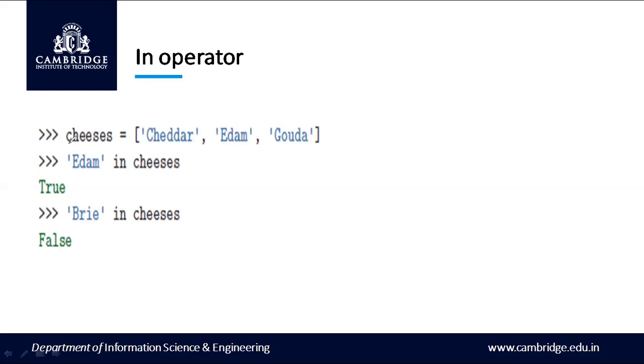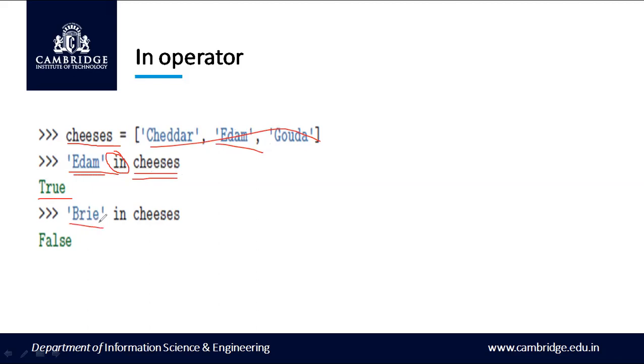Here we have a list called cheeses. In this list we have three items: cheddar, Edam, and Gouda. The first example is, I check for Edam in cheeses. This is the list name and this is the in operator. This in operator checks whether Edam cheese is present in the list cheeses. It returns true because Edam is present in cheeses. The next example is Brie.